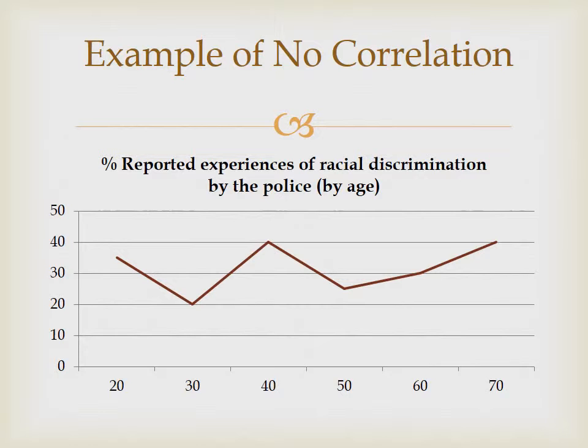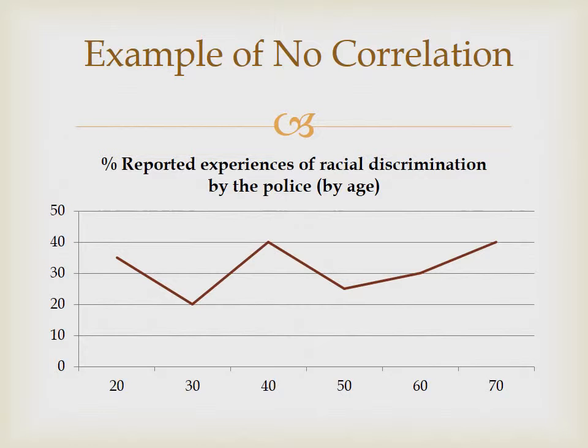But just to finish the thought, what we're looking at here is, again, age at the bottom, age 20 to age 70. And then on the y-axis, we're looking at percentage of people who reported experiences of racial discrimination by the police. And what we're finding here is that maybe there's no relationship by age, which tells us that at any age, you're about equally as likely to experience racial discrimination by the police.